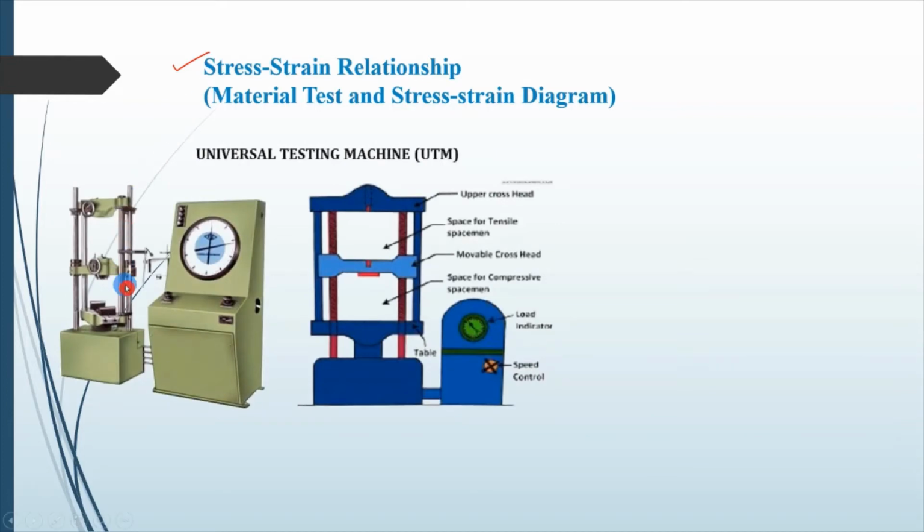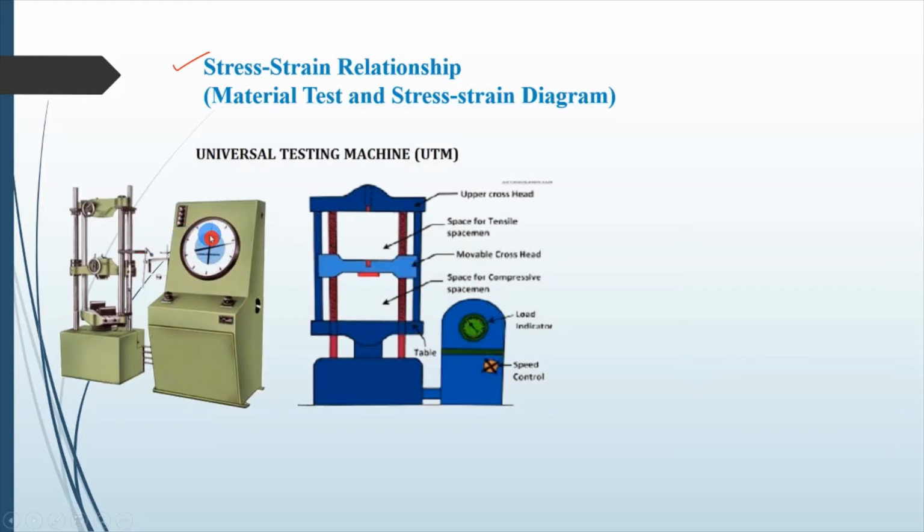Here on your screen you are observing a real-time picture of a UTM and a block diagram for the UTM. The UTM has different components like the upper crosshead, then the middle crosshead or movable crosshead, the lower crosshead, then there will be a dial indicator, and valves to control the movement of the upper crosshead and lower crosshead. Also there are different buttons to operate the movable or middle crosshead of the UTM.